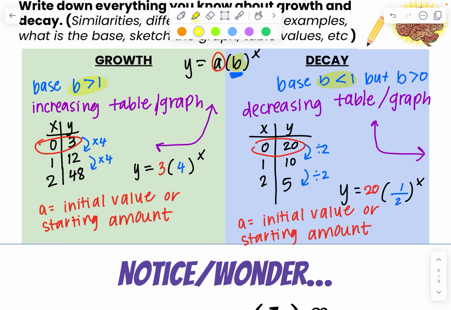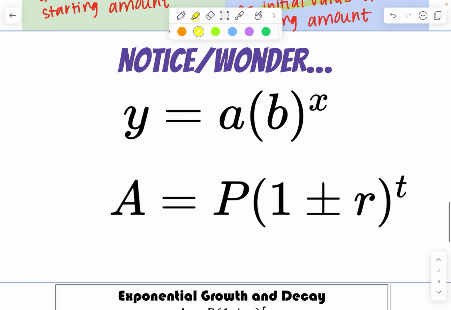We also know that we're either repeatedly multiplying by a value or repeatedly dividing by a value when it comes to growth or decay, and that base helps us figure out what that is. And we have our initial value at the start, right?